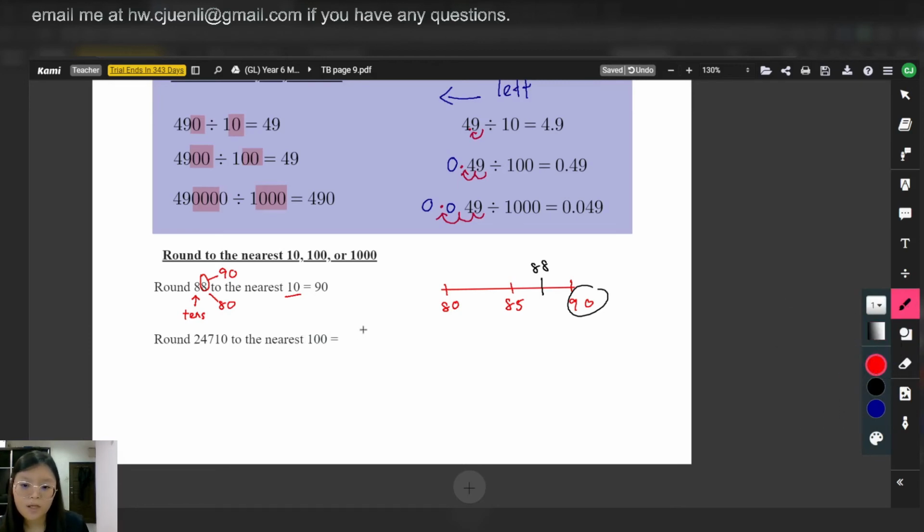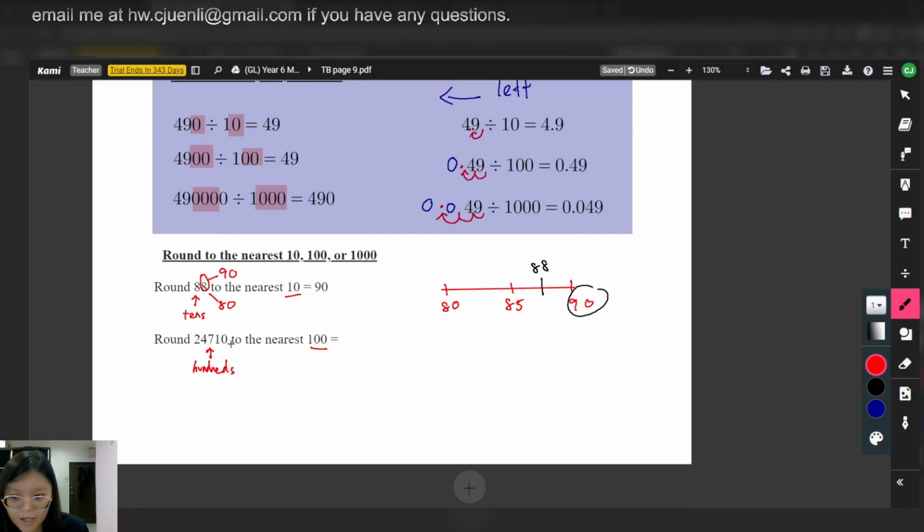Again, because we're looking at hundreds, focus on the hundreds place, right? Let me just underline it nearer. Draw an arrow to it and write down hundreds. It's not a must to write this down, but it's more of a reminder for yourself, all right? A very important reminder.